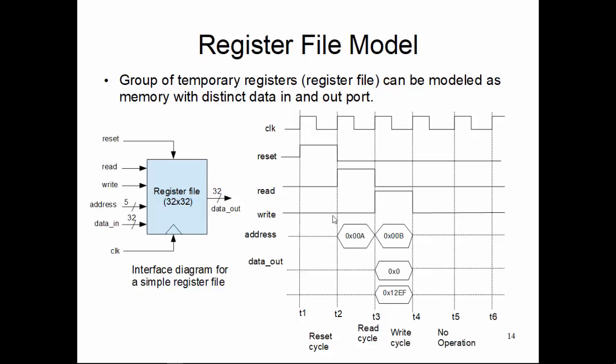Your read operation will write into the data out bus, so your read initiation will send out data on data out, whereas your write is sending data from the rest of the system to the register file, which is nothing but a type of memory, on the data in bus.